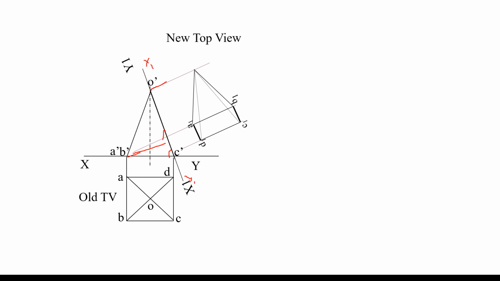Now since you are developing the new top view over here, I will take the distance from the previous top view. If I want to mark the a point, I will take this much distance in compass, keep it on the a point, and then cut here to get the a point. Similarly, the D point.